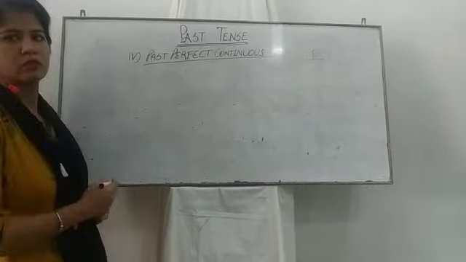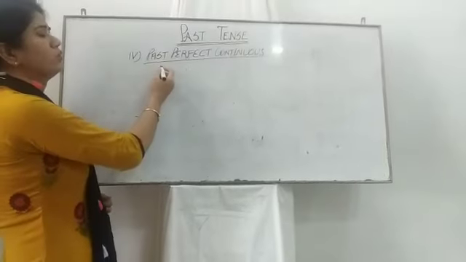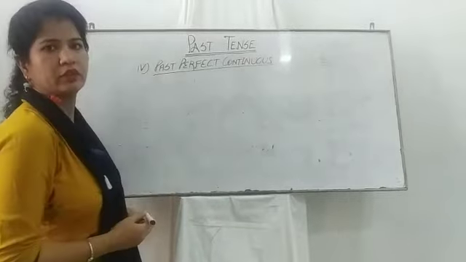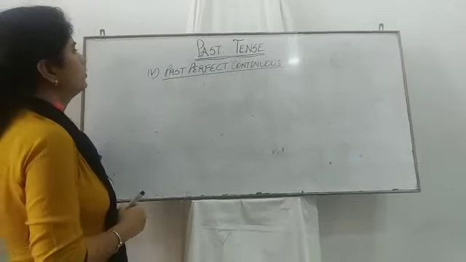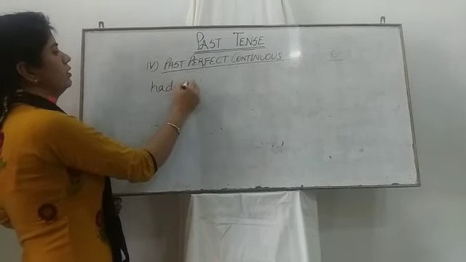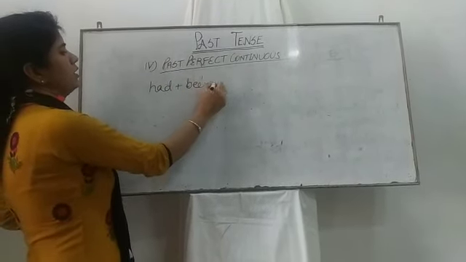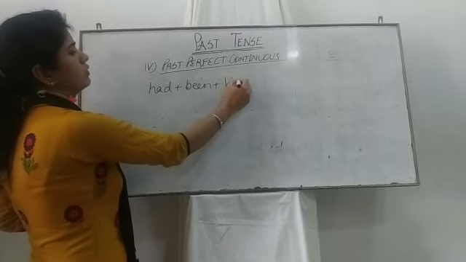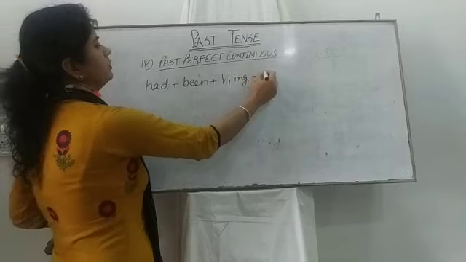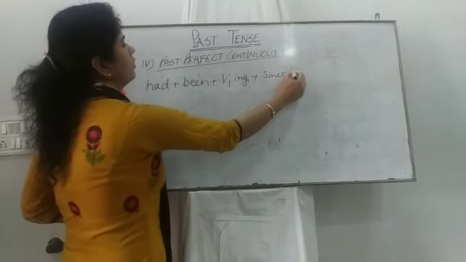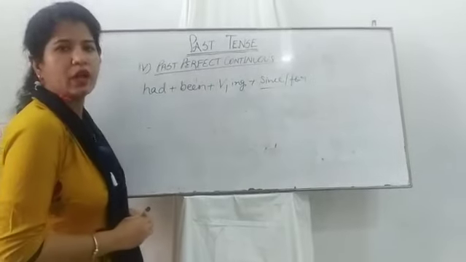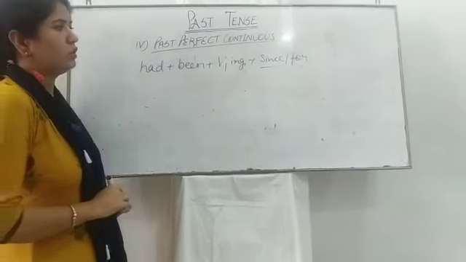Clear? The next tense that we are going to discuss is past perfect continuous tense, and the rule of this tense is had plus been plus verb's first form along with ing, and since, for. Uses of since and for I had discussed in my previous video.